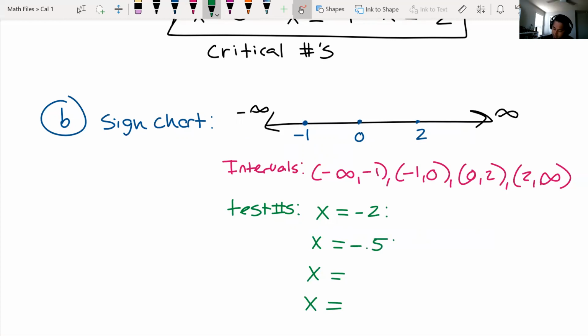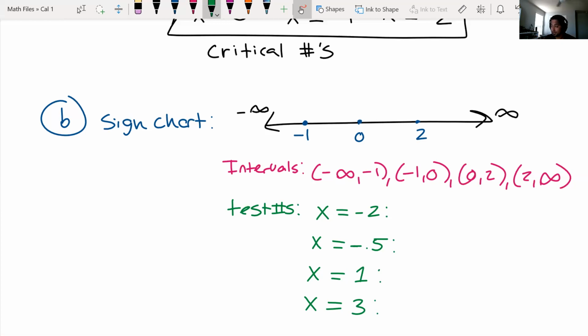Good. Give me a number from 0 to 2. 1. And give me a number from 2 to infinity. 3. Okay.